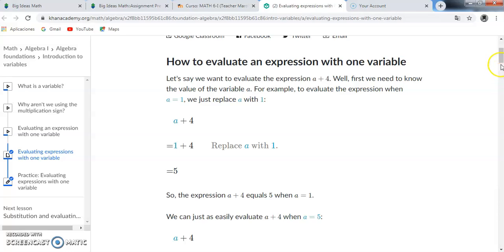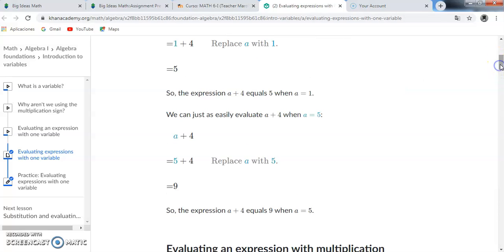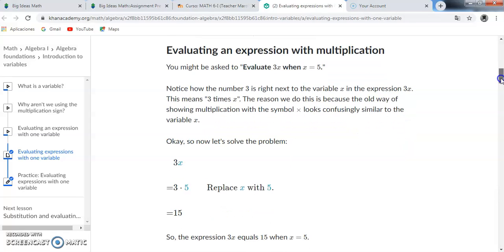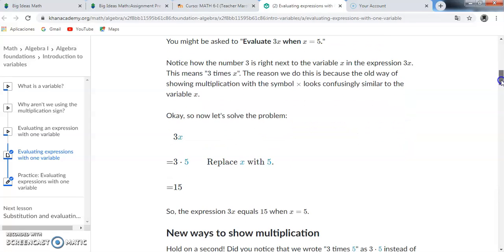Now, let's try with another example. Here I have 3x. Remember that we mentioned before that when I have a letter right next to a number, that means that they are multiplying. So 3x means 3 times x.